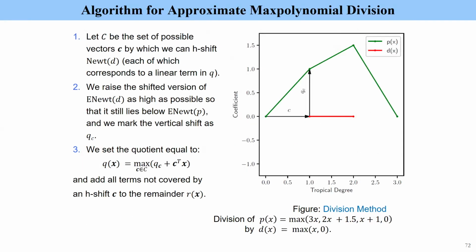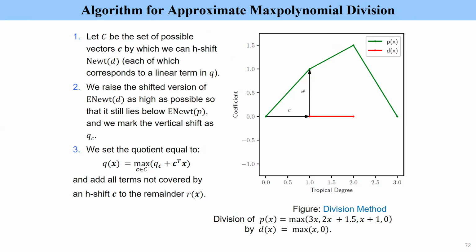How do we find this quotient polynomial? Well, very quickly, the quotient polynomial will be a max plus polynomial, a max of affine terms. They have a slope vector c and a bias qc.